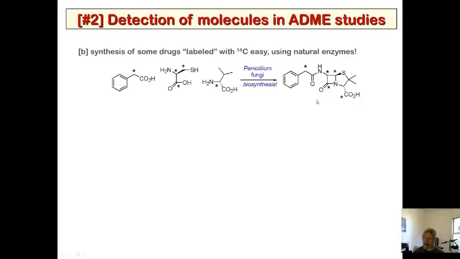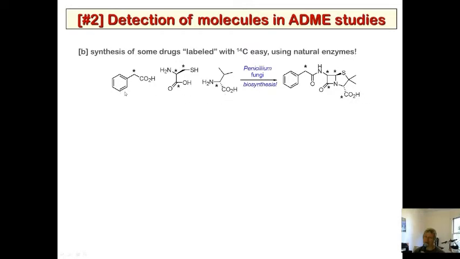If we want to make it, we don't need to mix reagents as such and do a multi-step synthesis. All we have to do is throw in the 3 different building blocks, and the fungus will do the biosynthesis.